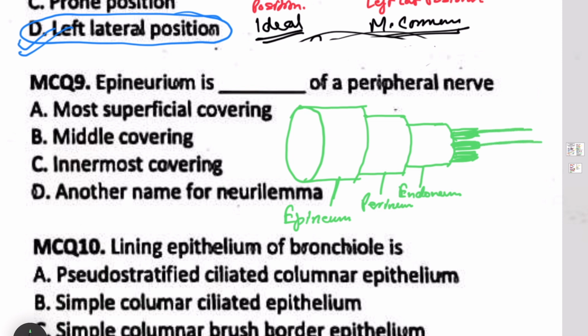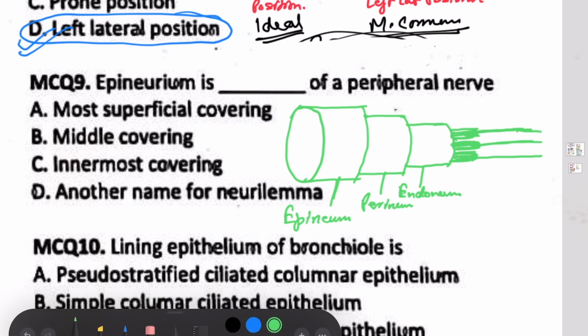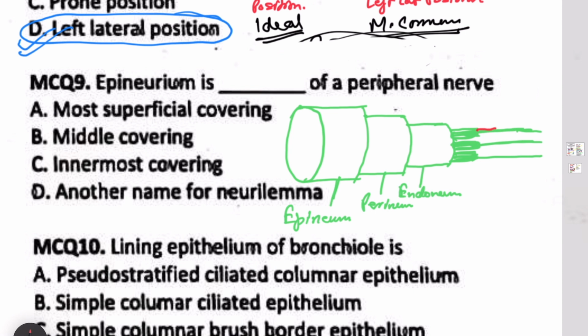Now these axons are lined on the outside by Schwann cells, and you have these nodes of Ranvier in between. Schwann cells wrap around the axon, and they have a pycnotic nucleus.